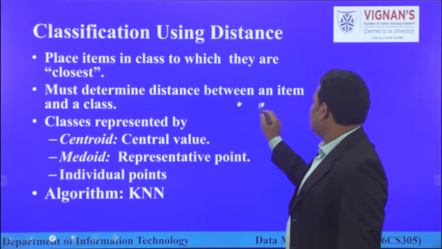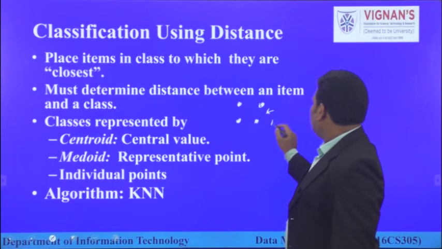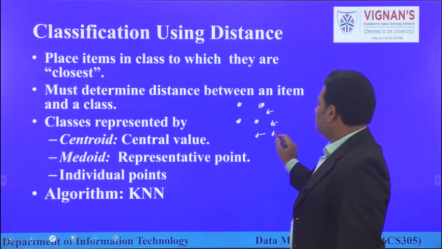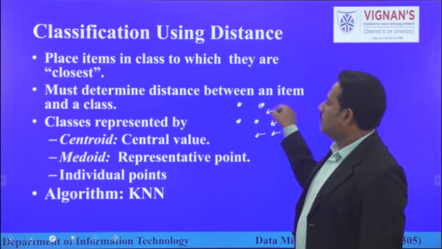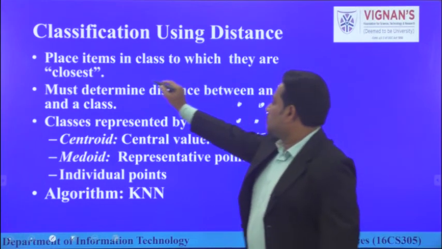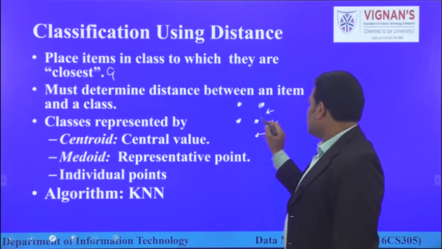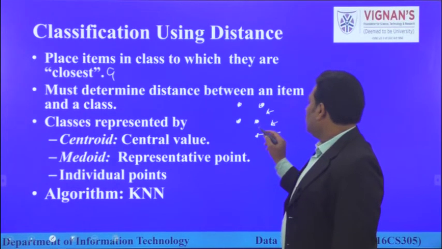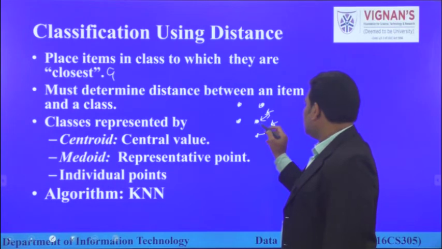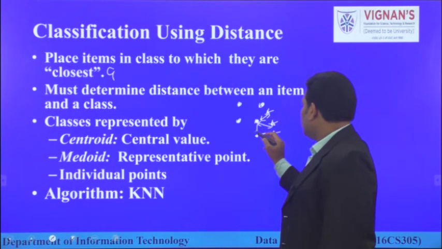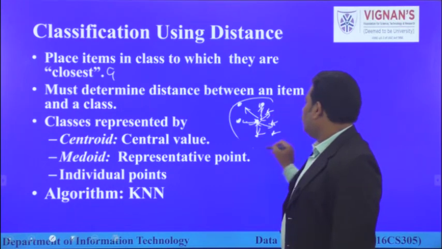When we want to form a group, we place items in a class to which they are close. Let us say I want to form a group of all the items close to this point. How can we measure? I'll take the distance here, calculate the distance between each and every point, and based on that try to form a group.